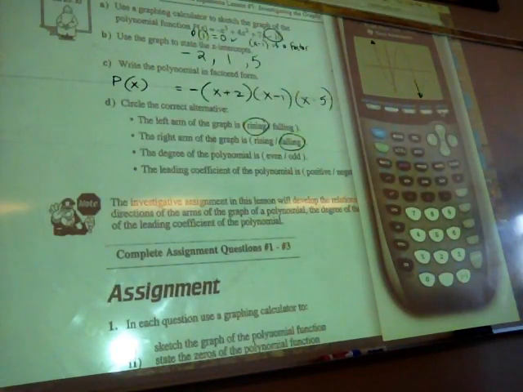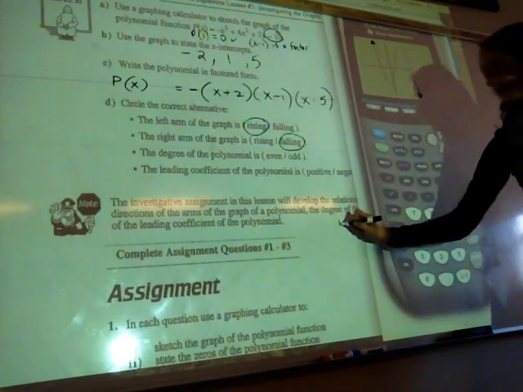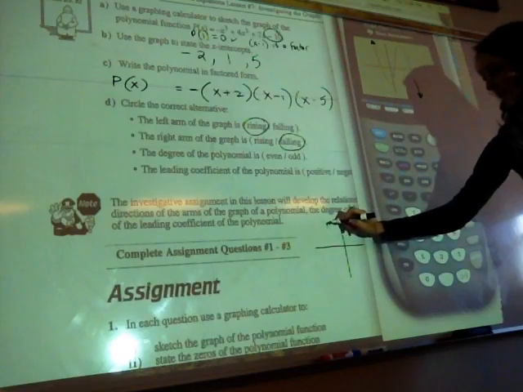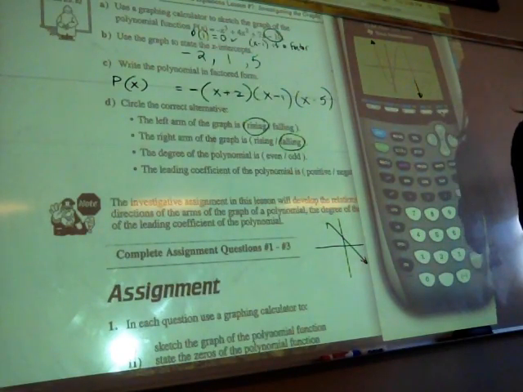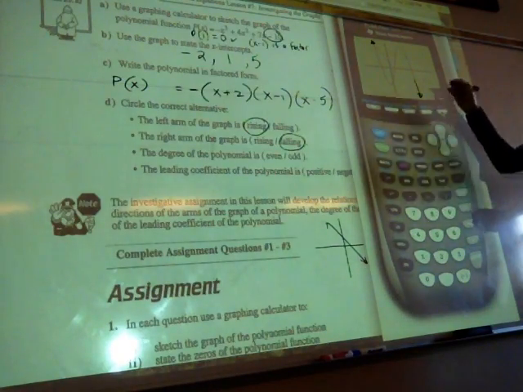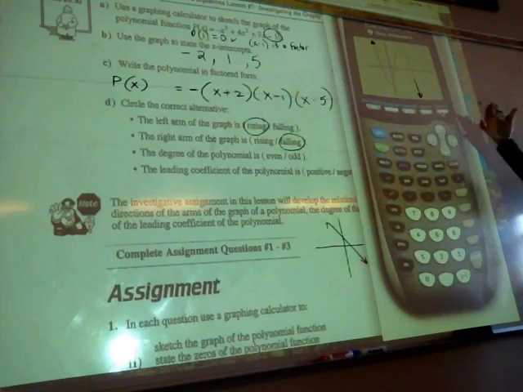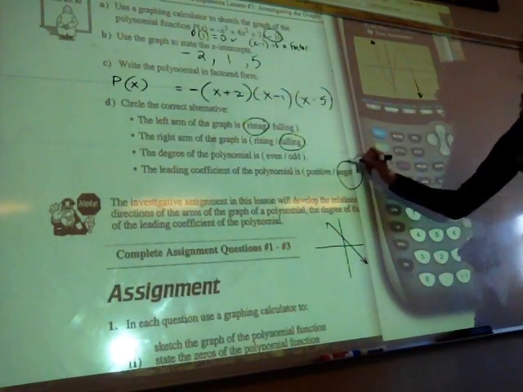Let's just talk quickly about slope of lines. If we had a graph here, and I had a line that looked like this, would I have a negative or a positive slope? Negative slope. So we would say that this polynomial is negative. The leading coefficient is negative, which we've already talked about.